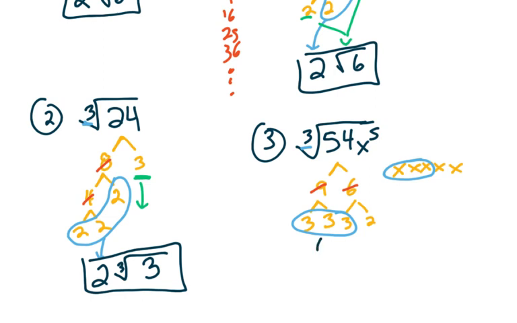So on the outside, I can bring a 3, and I can bring an x, because that's what we circled. On the inside is going to be whatever we didn't circle. So I didn't circle a 2. I've got 2 x's, which means I didn't circle an x squared.